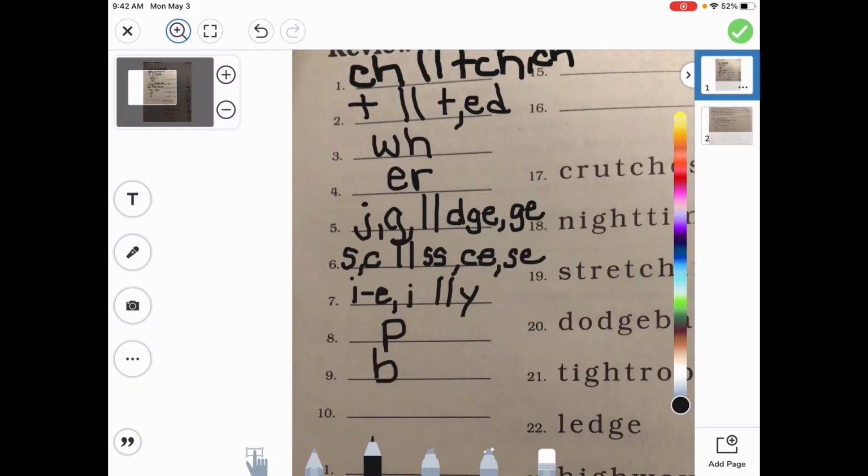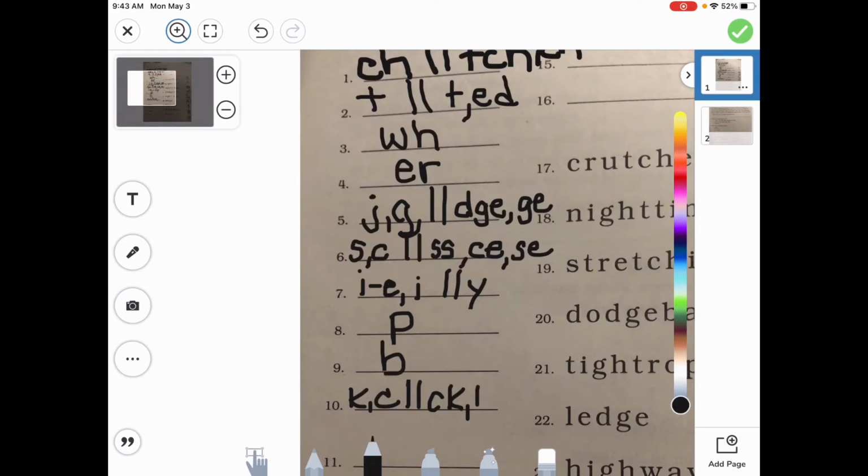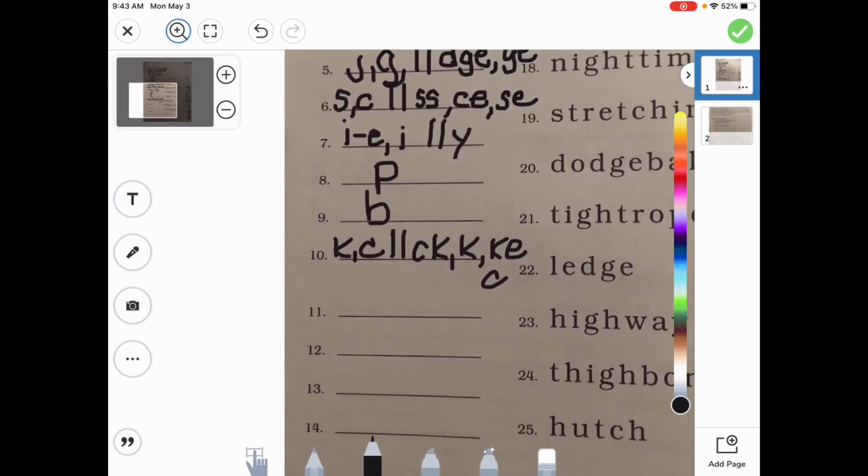And then how about the k sound? Remember, that's a longer one. It can be K or C at the beginning or the middle, and then at the end it can be CK after a short vowel, K after a consonant, KE after a long vowel, or C if it's a multisyllabic word like plastic.